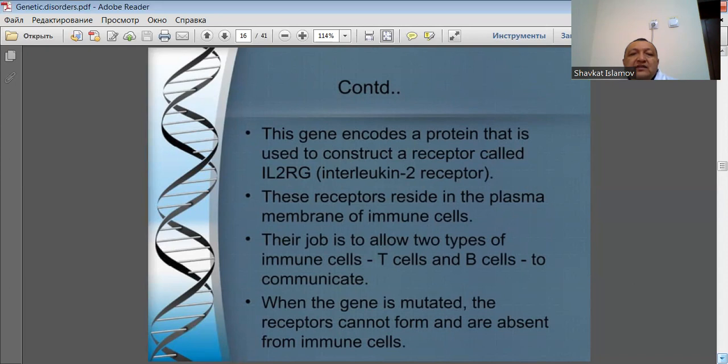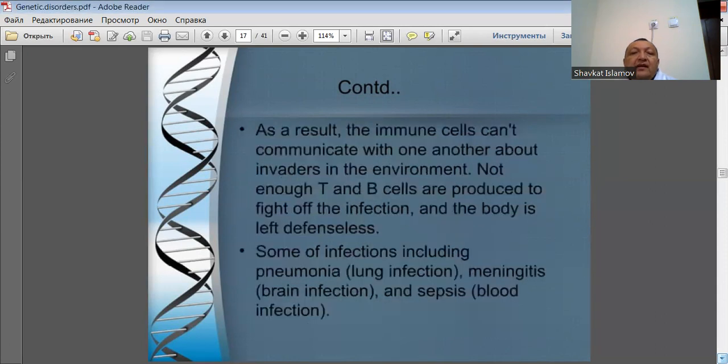These receptors reside in the plasma membranes of immune cells. Their job is to allow two types of immune cells, T cells and B cells, to communicate, so the immune cells can communicate with one another about invaders in the environment. Not enough T and B cells are produced to fight off the infection, and the body is left defenseless.